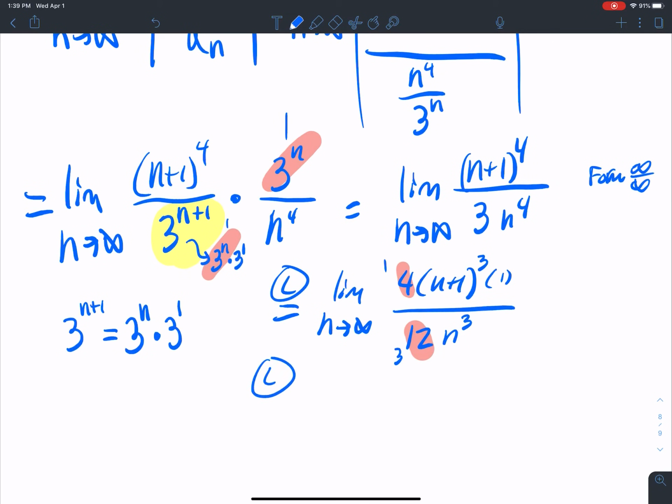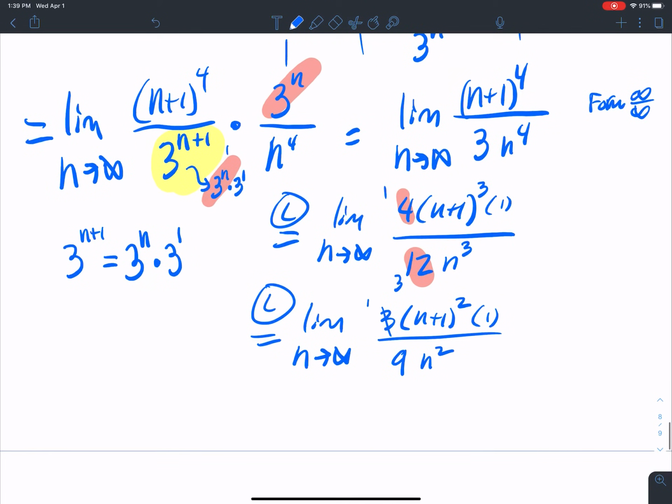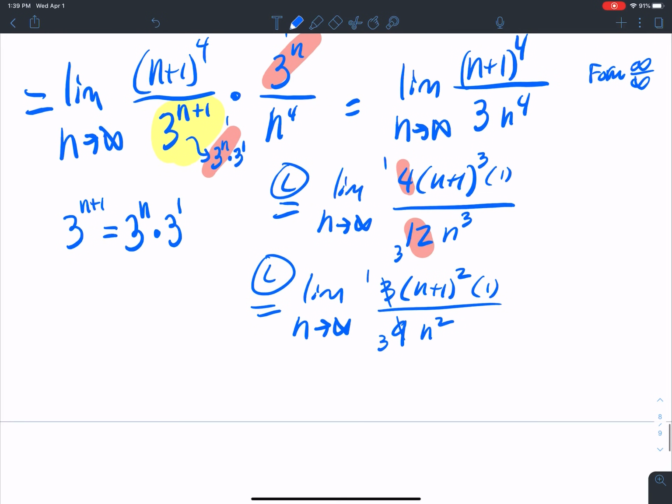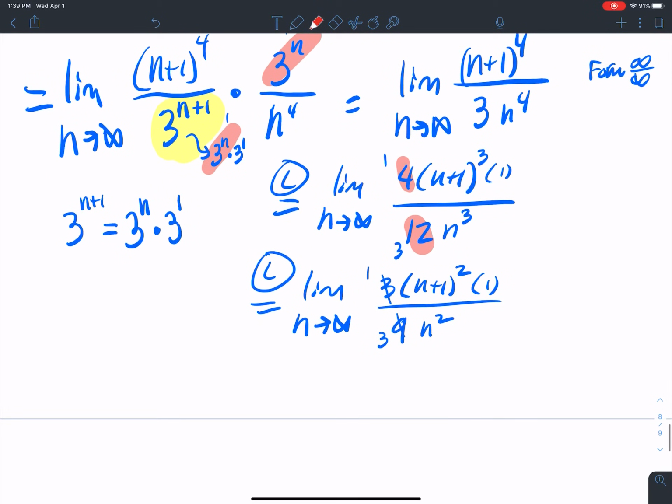So L'Hopital again: the limit as n goes to infinity of, the derivative on top is 3 (n plus 1) squared times the derivative inside, which is just 1 again. And then I have 3 times 3 is 9, and then n squared. And so once again, these will cancel. What do I know is happening here?